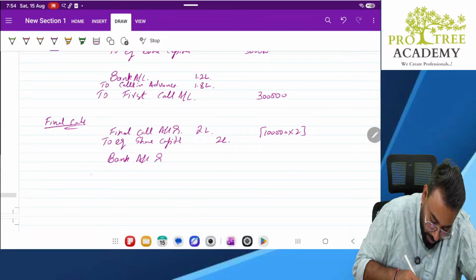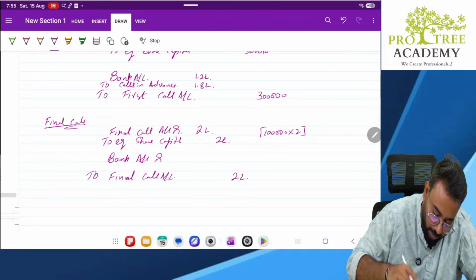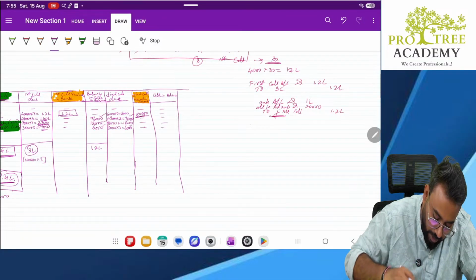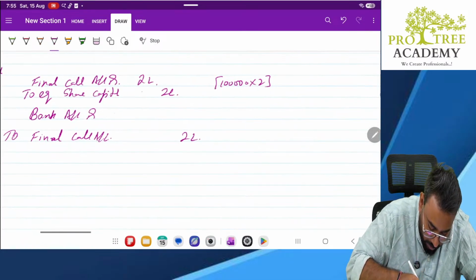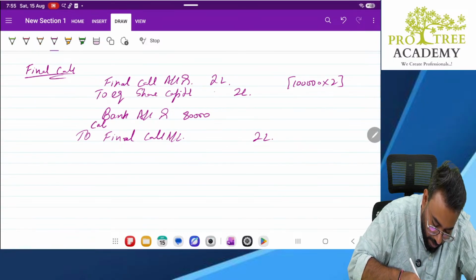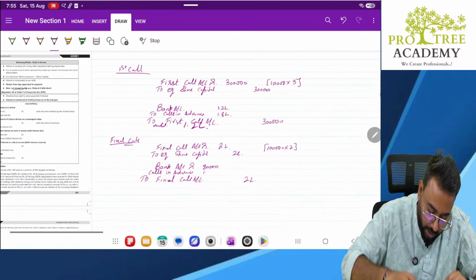Yes, sir. To final call account 2 lakhs. But how much will we actually receive in the bank? Here we'll receive only 80,000. Correct. So the remaining will get adjusted in calls in advance. How much? 1.2 lakh.